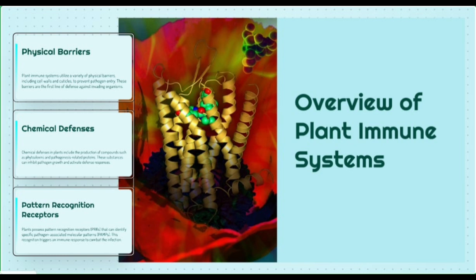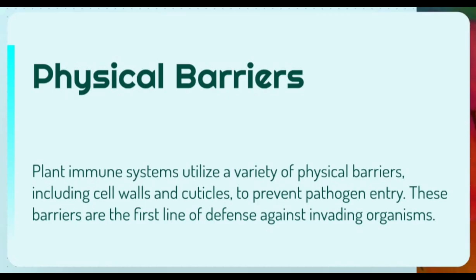These include physical barriers that prevent entry, chemical defenses that stop pathogen growth, and pattern recognition receptors that help identify invaders. Altogether, these systems keep plants healthy and able to survive in their environment.